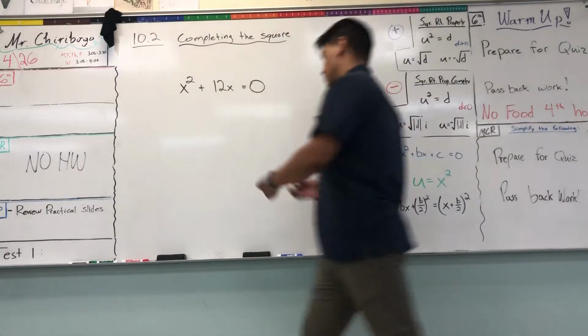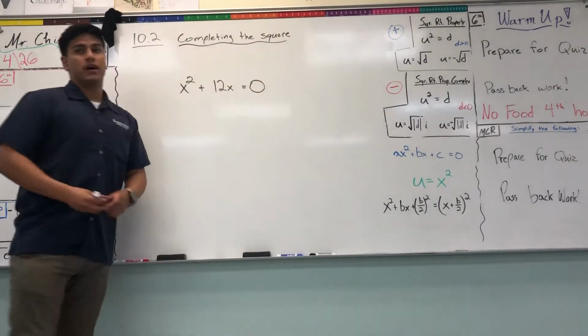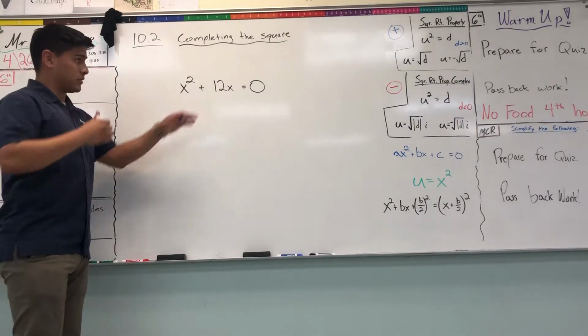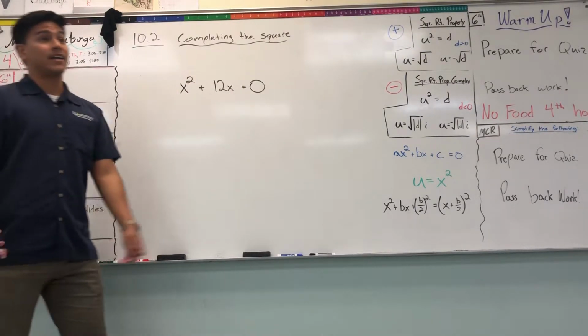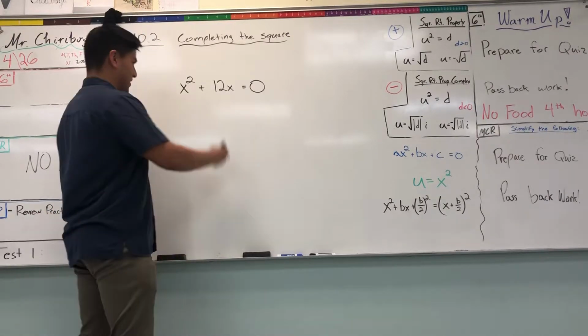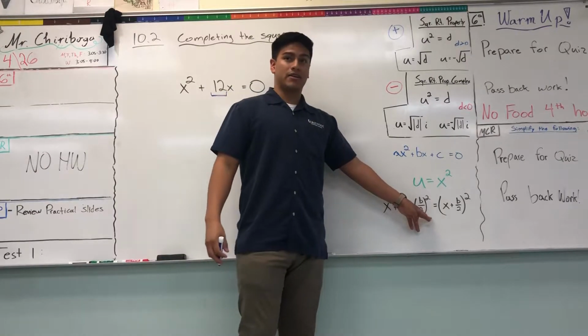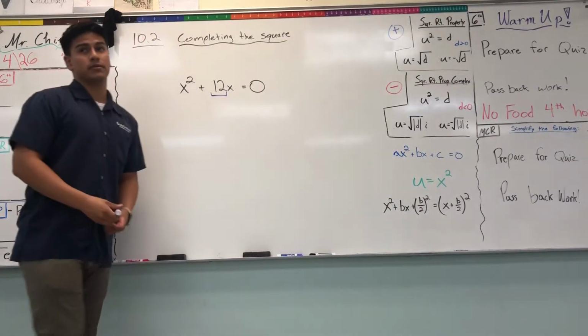Okay, so, Hannah, what's my B value here? 12. Exactly. So Hannah, according to this, how am I going to get my C? What do I need to do to my B value?